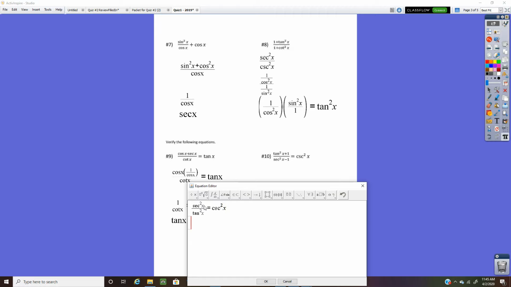So I know that secant is 1 over cosine. And I have 1 over cosine squared x.